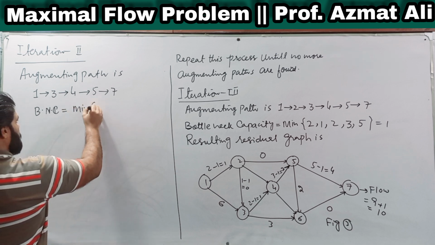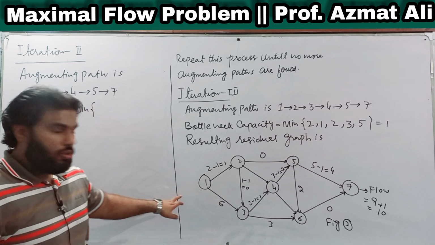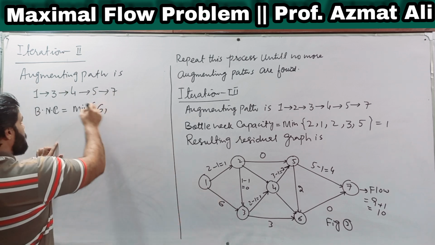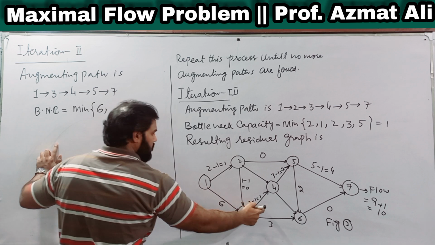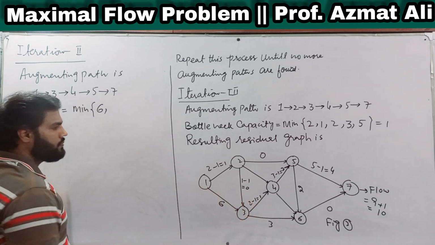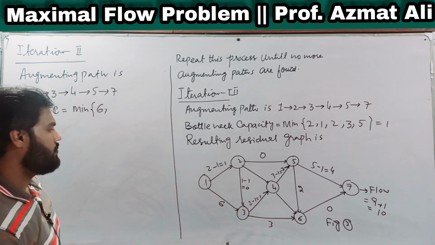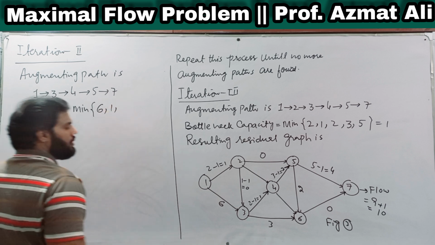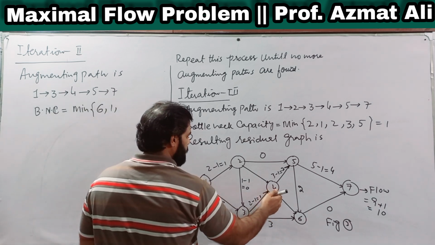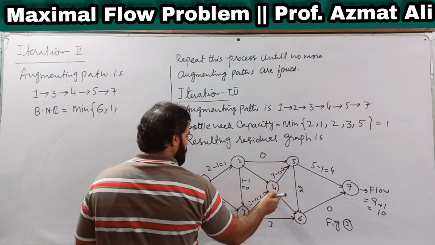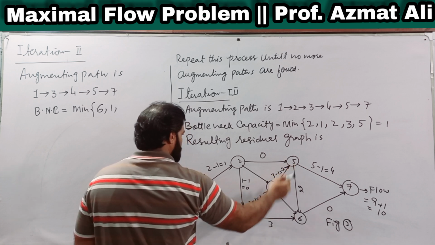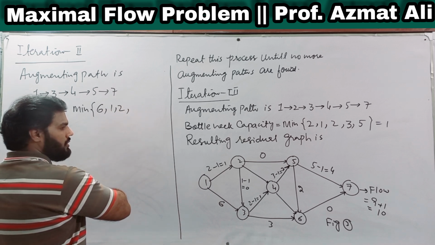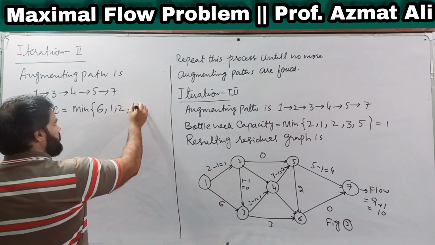This is the minimum of: node 1 to node 3 has a 6 unit capacity. Node 3 to node 4 has a 1 unit capacity. And further, node 4 to node 5 has 2 unit capacity, and lastly from node 5 to node 7 has a 4 unit capacity.